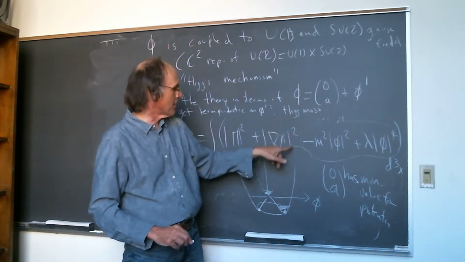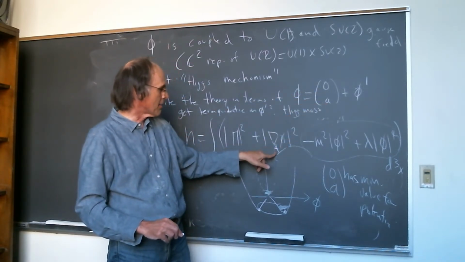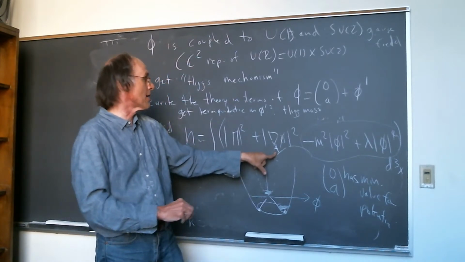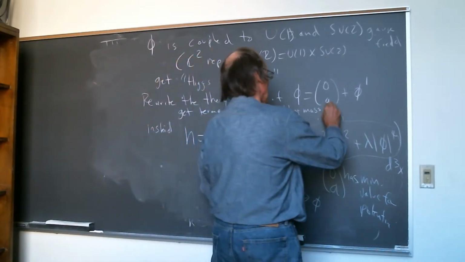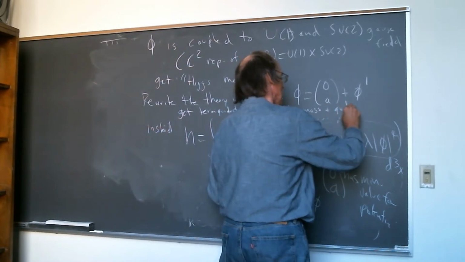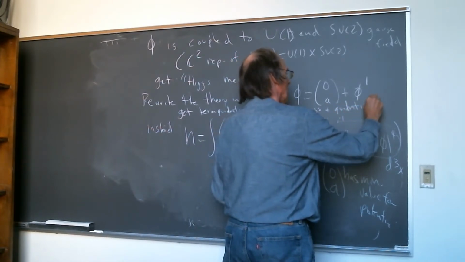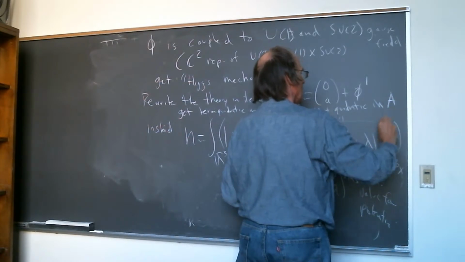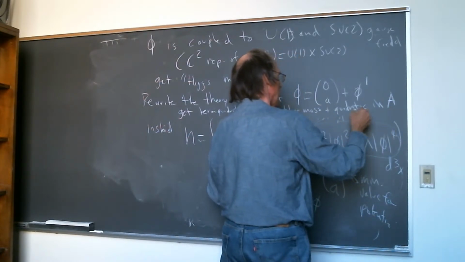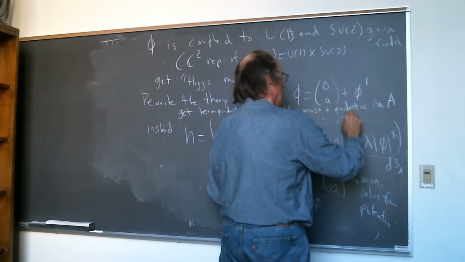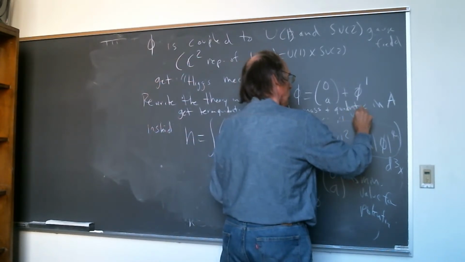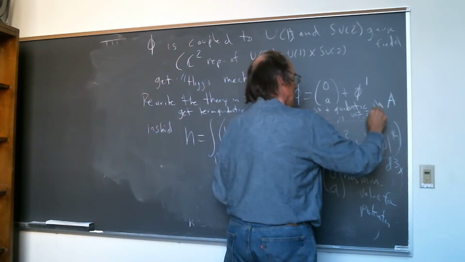Putting the constant in here, you're going to get a constant times a quadratic term in a, which gives you a W plus or minus, Z mass.